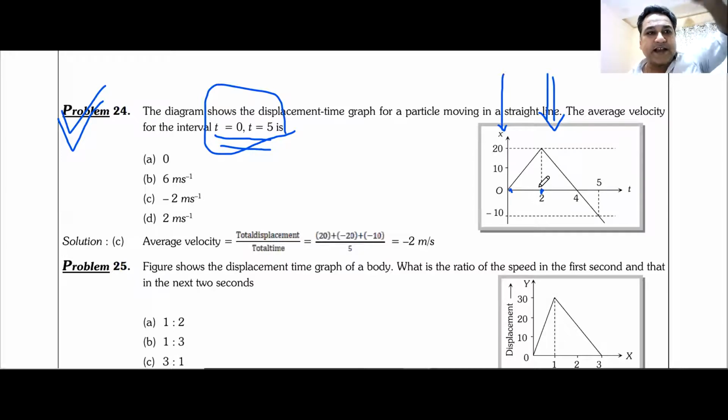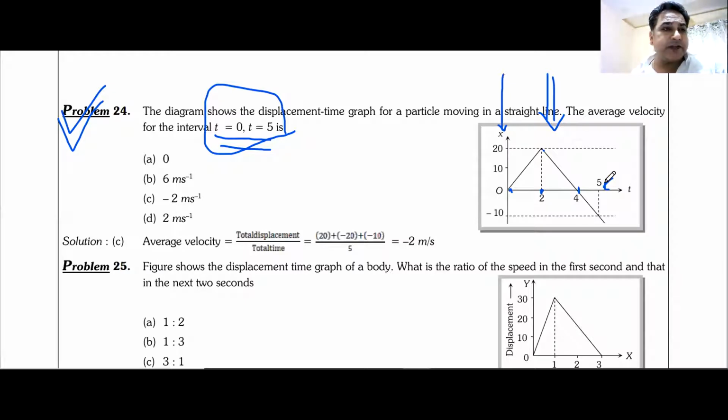From 2 seconds to 4 seconds, it is moving back from 20 to 0, so it is moving leftwards. From 4 to 5 seconds, it is moving behind 0. Am I clear? Everyone understands the motion? Can I have raised hands so that I understand that we have understood the motion.